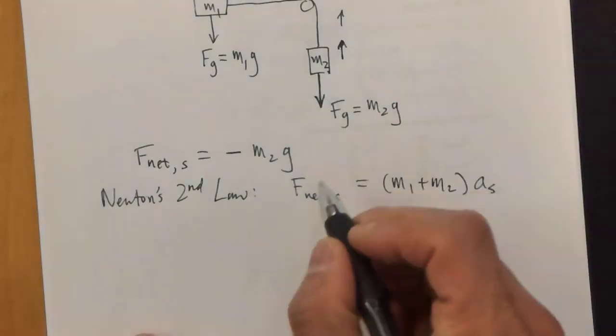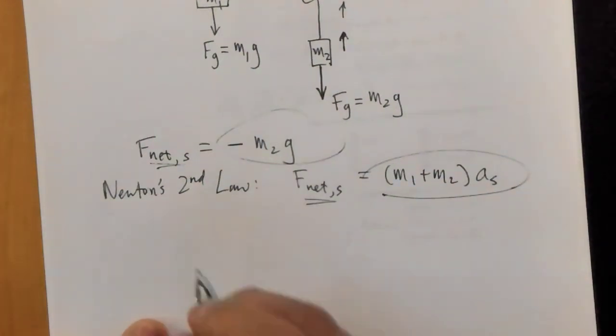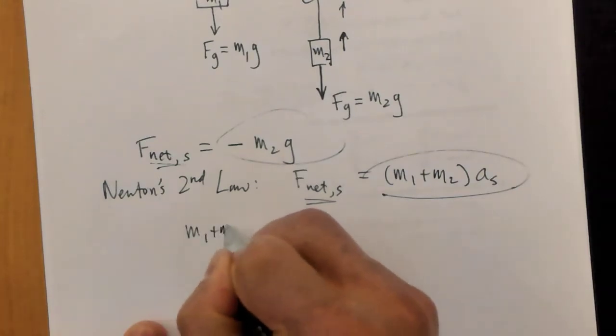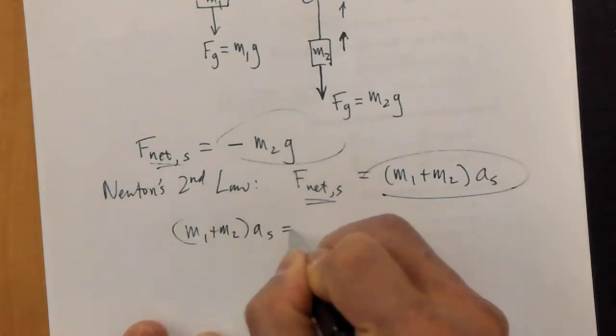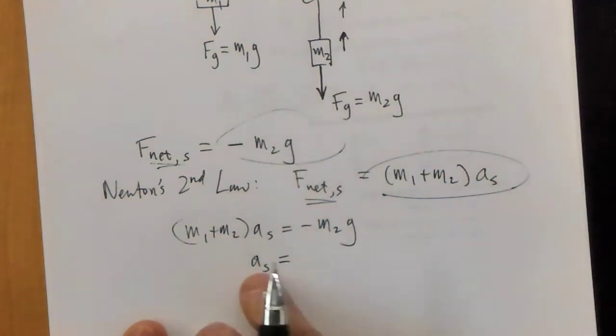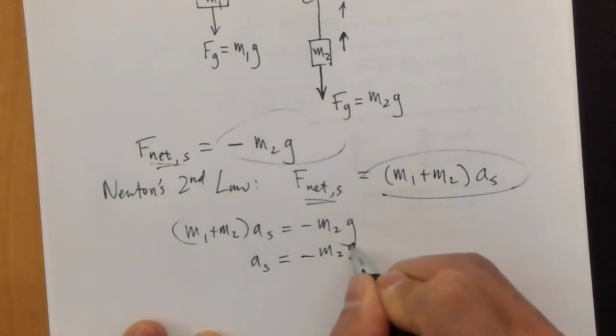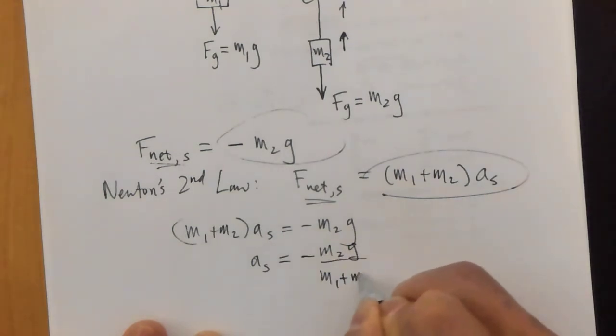Now we have two formulas for the net force. These must be equal to each other. We have M1 plus M2 times AS is equal to minus M2G. Solving for AS, it's just minus M2G divided by M1 plus M2.